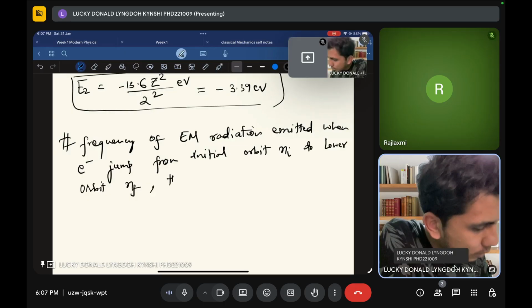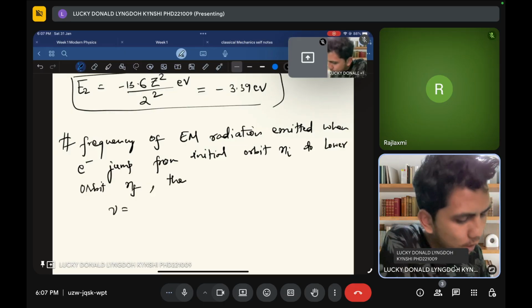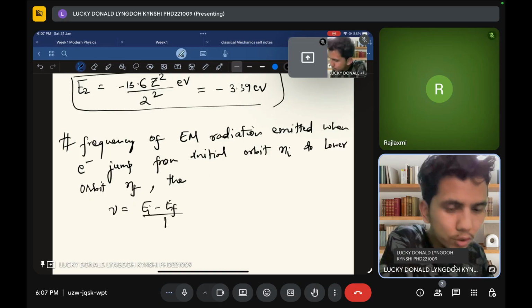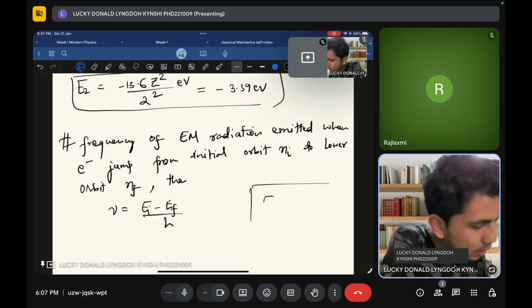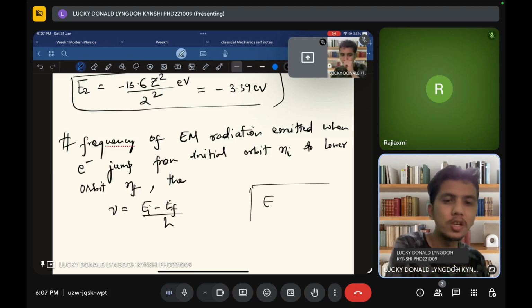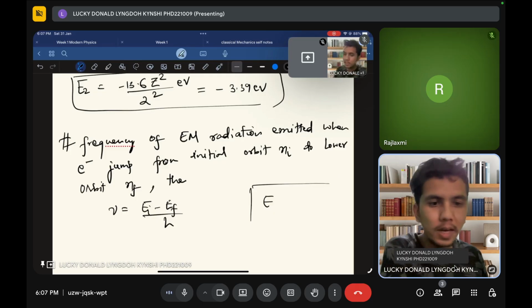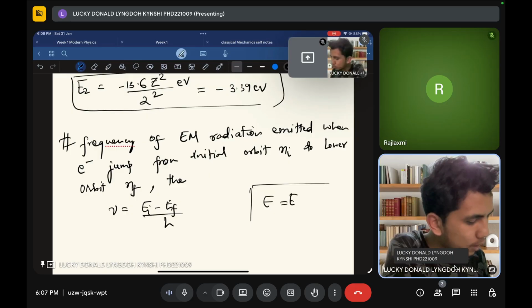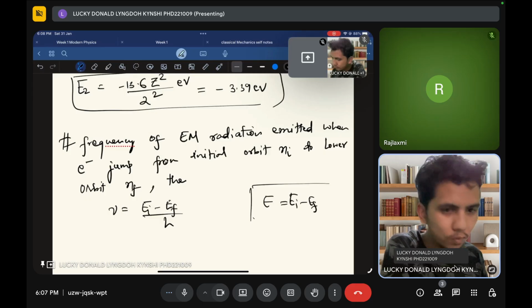Then what happened? Then frequency mu is equal to, I have told you, Ei minus Ef divided by h. I have just told you that the energy E of the radiation emitted, when the electron jumps from a higher orbit to a lower orbit, is given as E is equal to Ei minus Ef. I have used this formula.